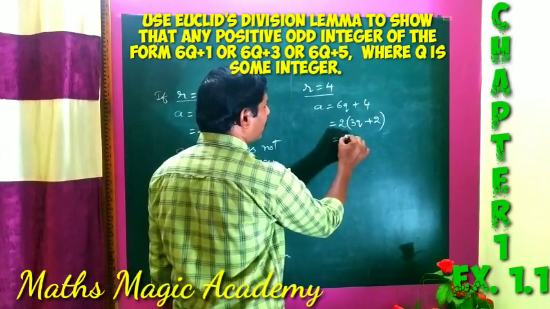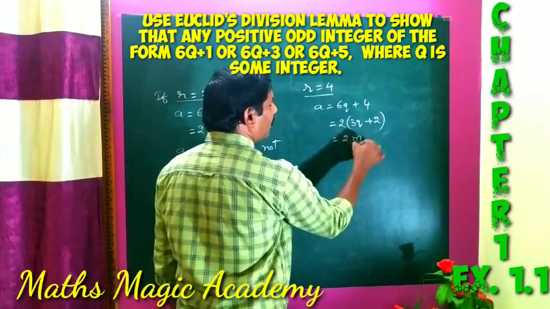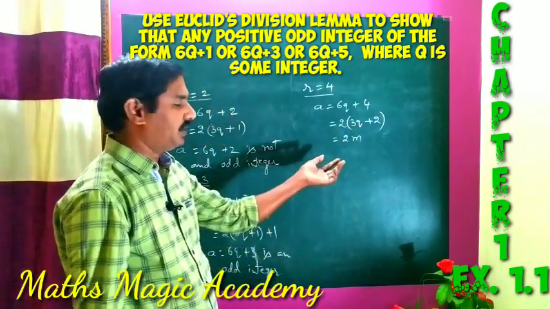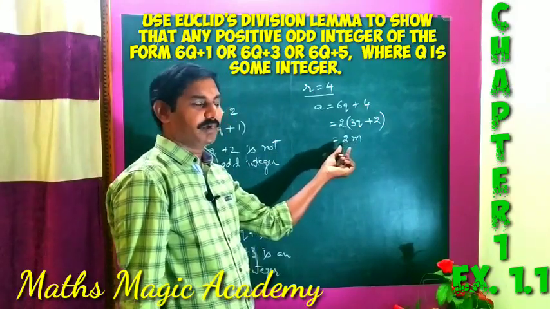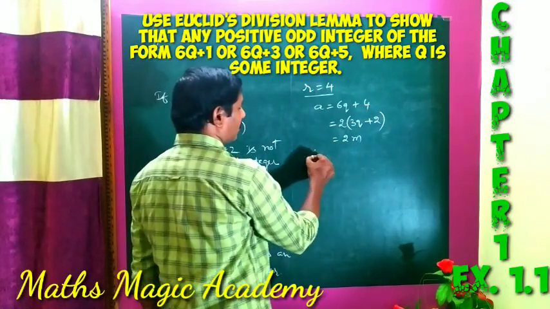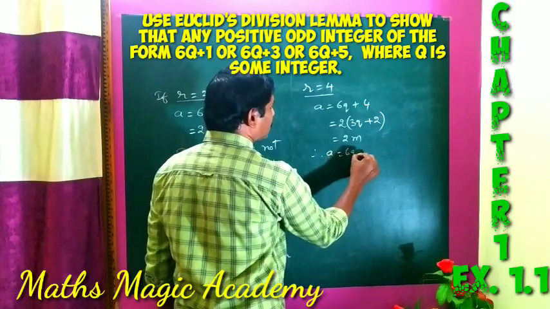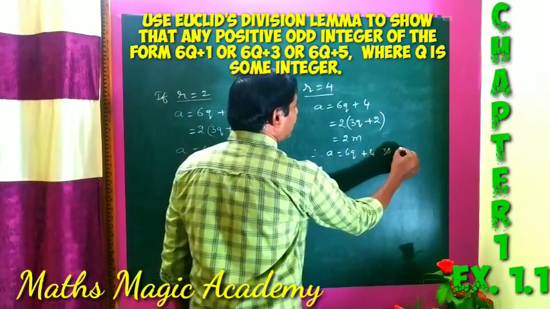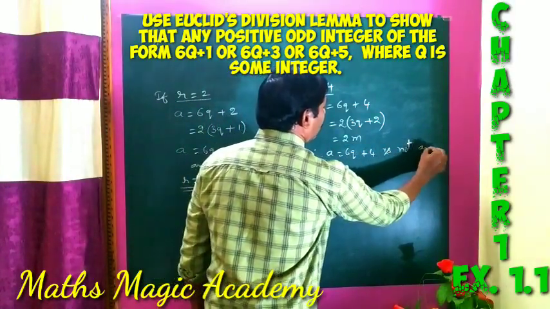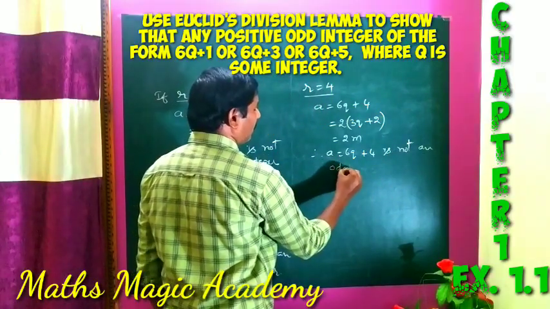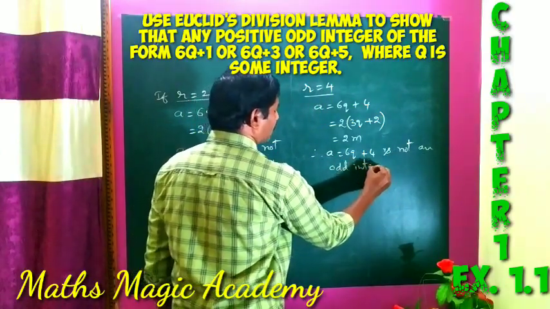So it is in the form of 2 into m or 2 into n. It is the general form of an even number. Therefore, a equals 6q plus 4 is not an odd integer.